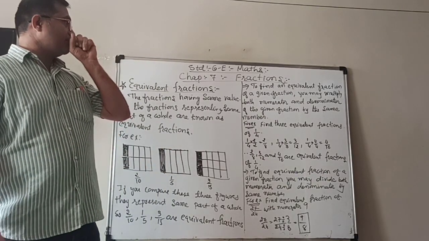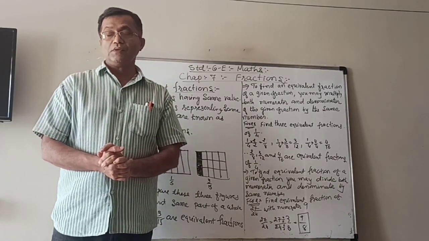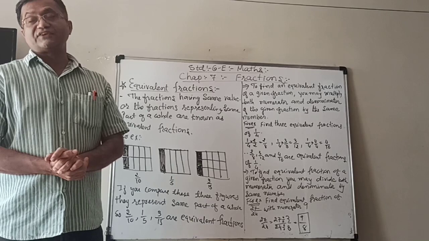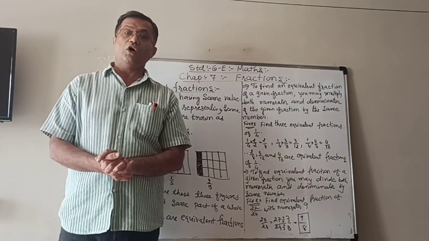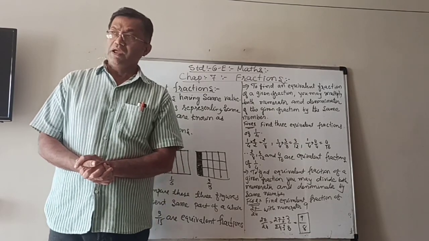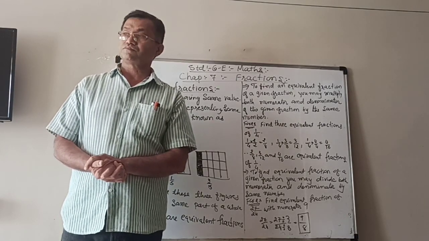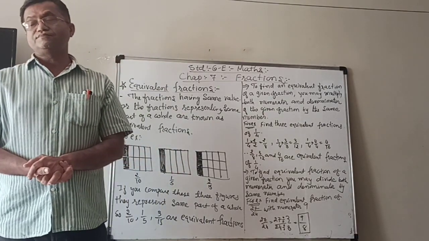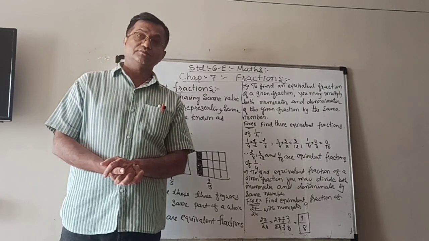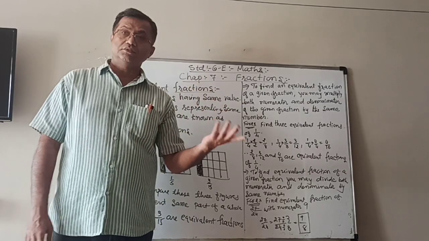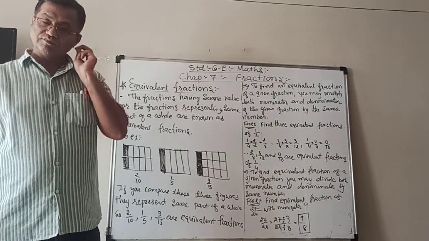We are learning chapter number 7 in mathematics, that is fractions. As we know, what are fractions? They represent the part of a whole. It is in the form of numerator upon denominator. We also learn the types of fractions, like proper fractions and improper fractions.